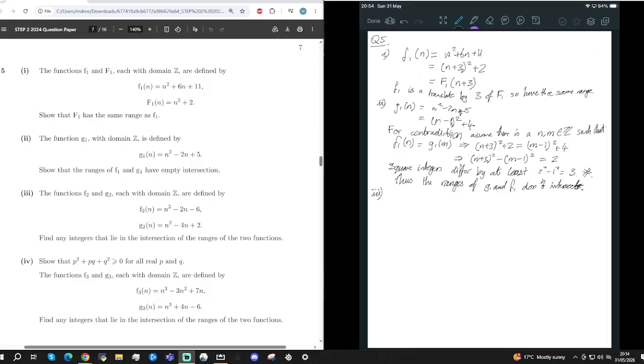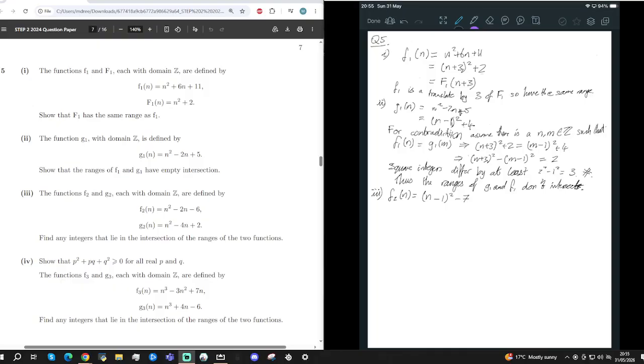We have functions f2 and g2 now. Find any integers which lie in the intersection of these ranges. Again, the trick that we've done so far hasn't failed us yet, so I'm going to do the same again. I'm going to write them both in complete the square form.